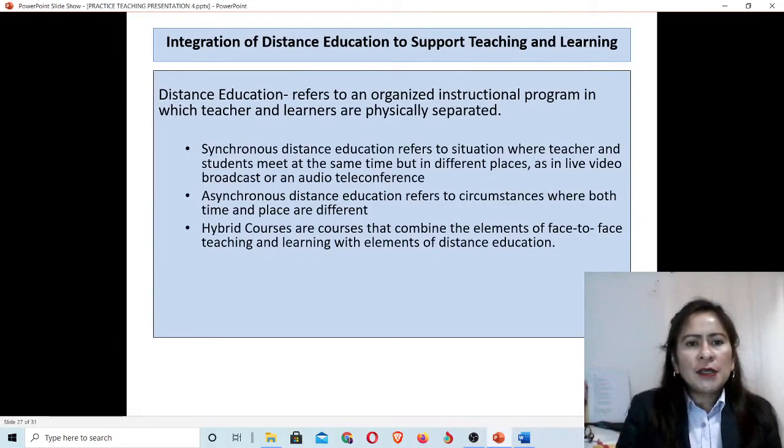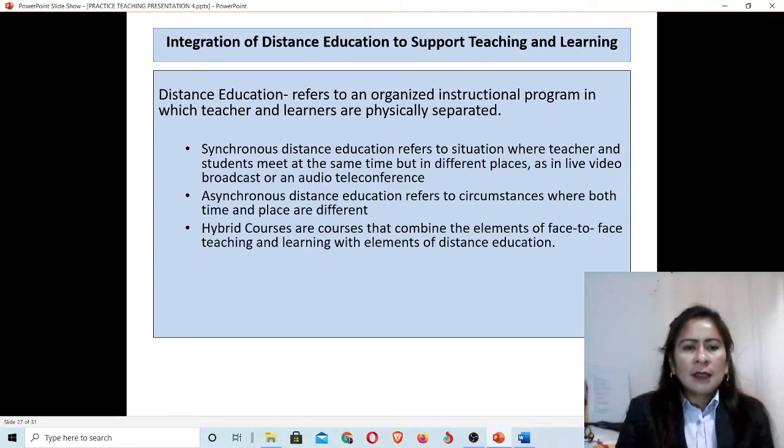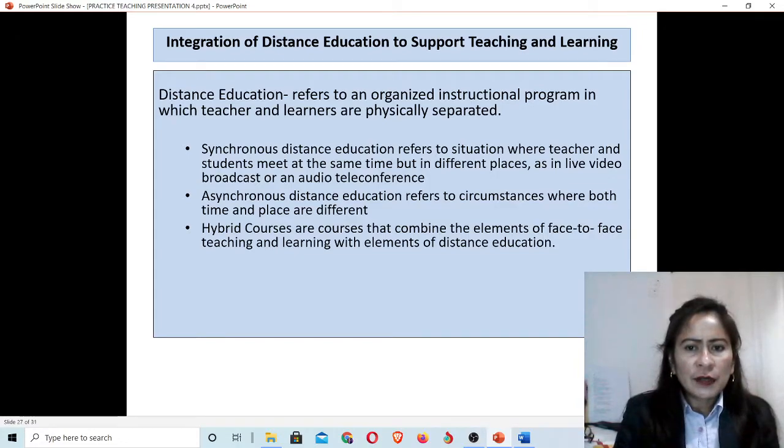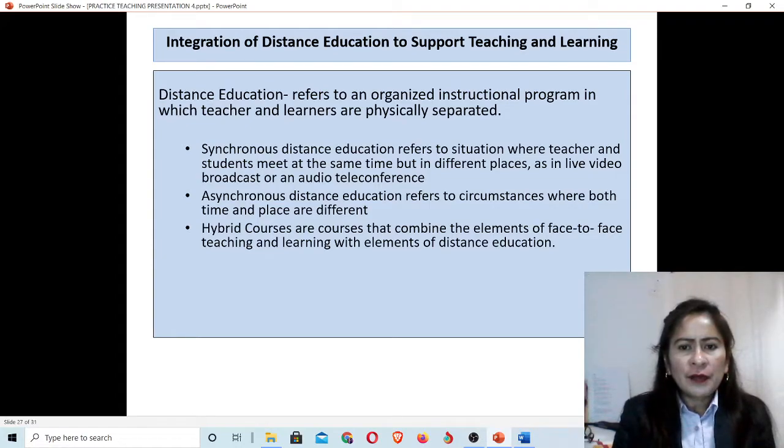So, the integration of distance education to support teaching and learning. Distance education refers to an organized instructional program in which teachers and learners are physically separated. Synchronous distance education refers to a situation where teachers and students meet at the same time but in different places, as in live video or broadcast or an audio teleconference.